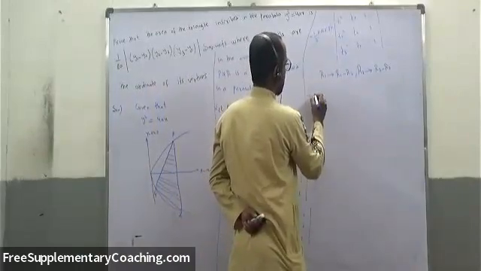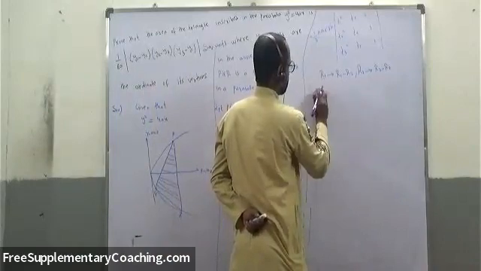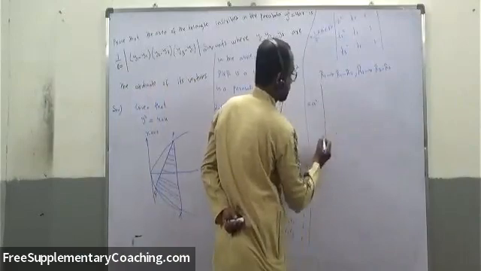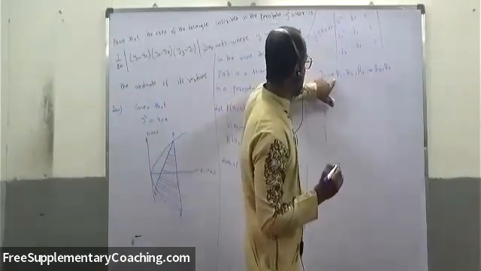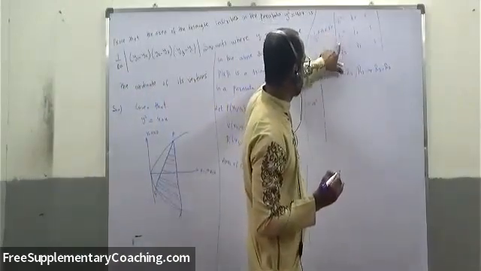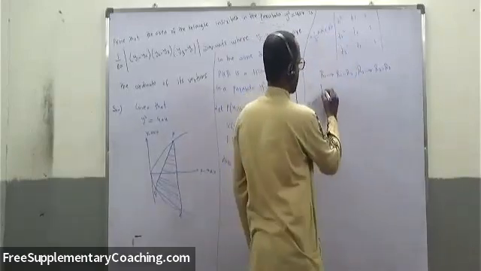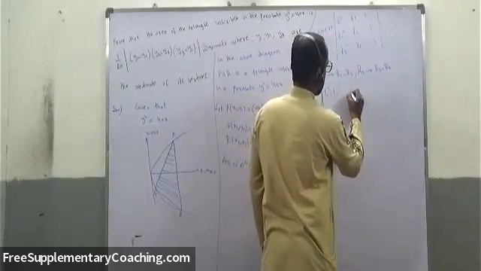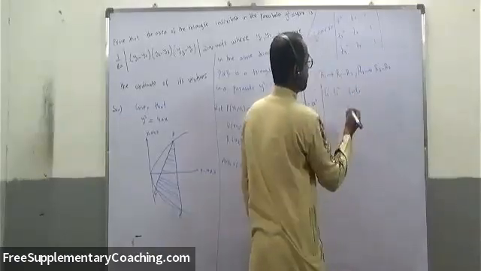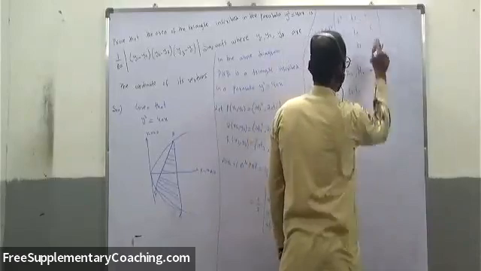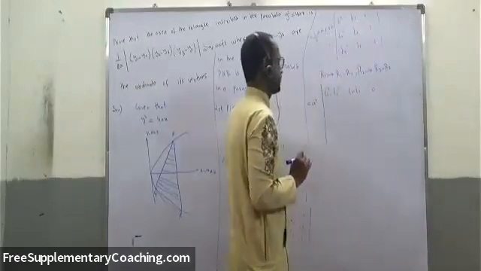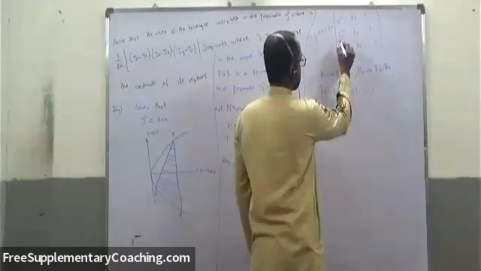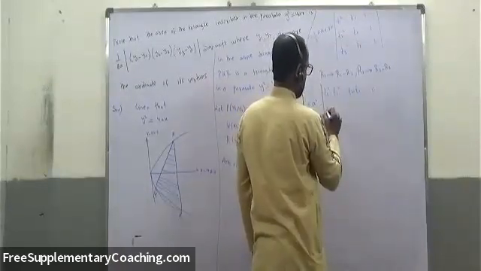A square. R1 minus R2: T1 square minus T2 square. Yes, T1 square minus T2 square. Here, T1 minus T2. Here, 1 minus 1 is 0. Next, R2 minus R3, and what I'm getting?